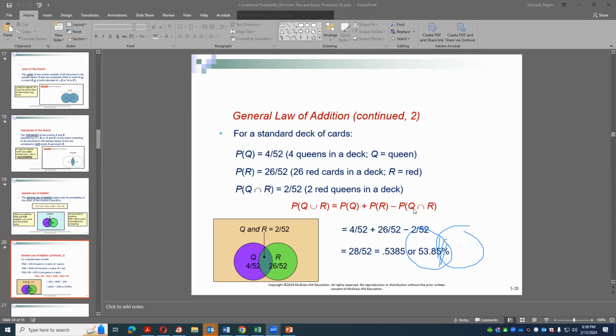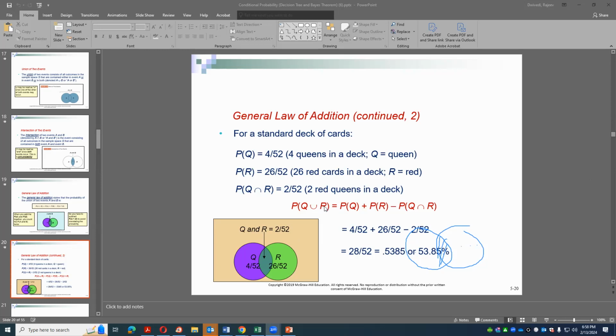So if you look into that, 4 divided by 52, plus 26 by 52, minus 2 divided by 52. So if you see this, what is the probability of queen or red?